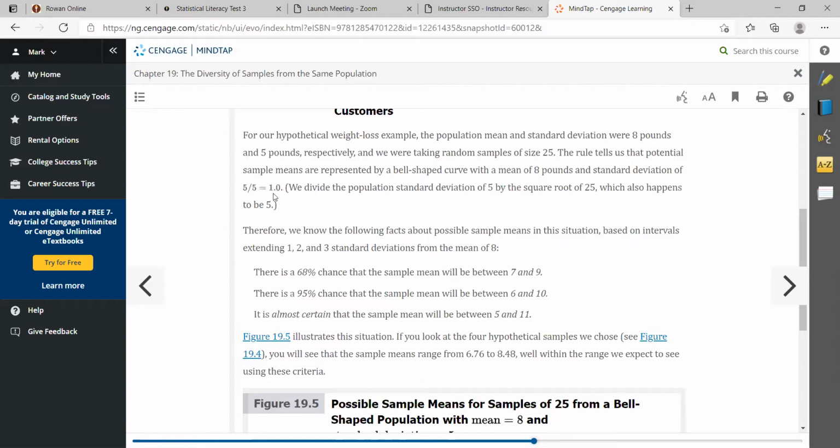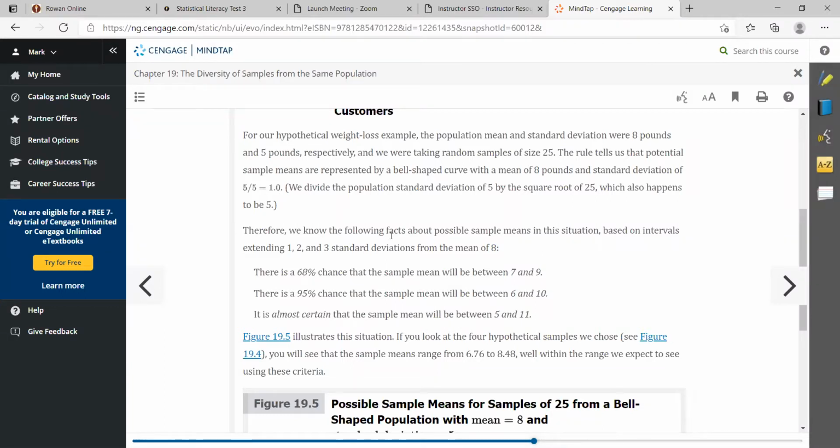Okay? And therefore, if we want to know the different ranges of possible sample means, given that the population mean is 8, we would say there's a 68% chance the sample mean that we select will be between 7 and 9. Why? Because the population mean is 8, and the standard deviation is 1.